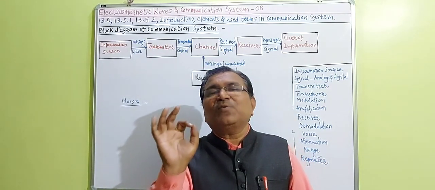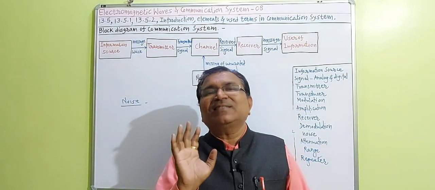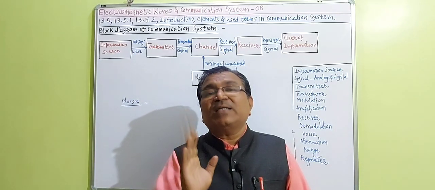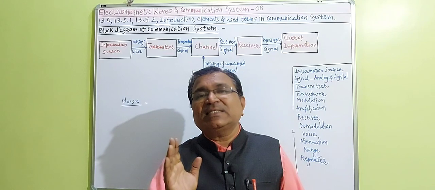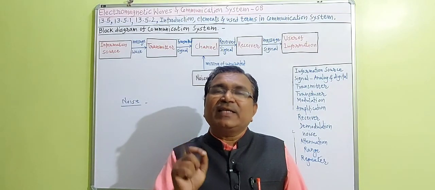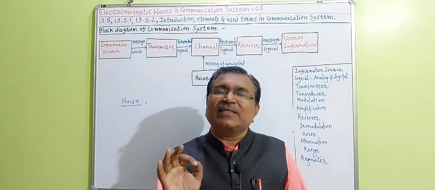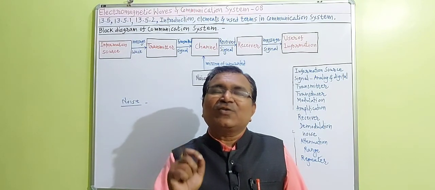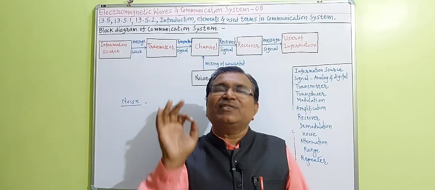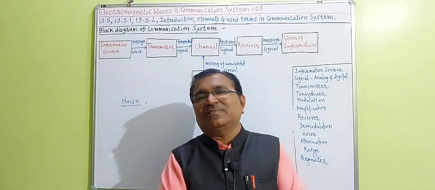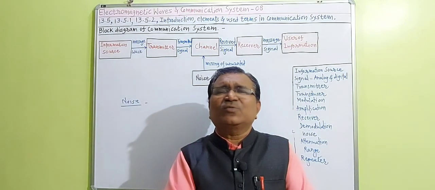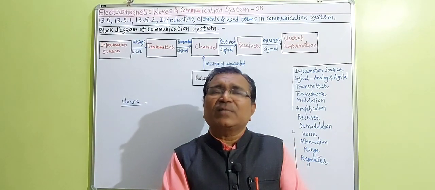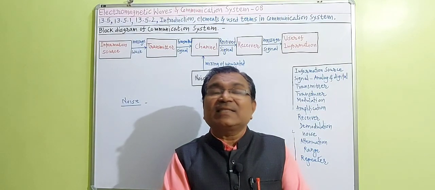That maximum possible distance is called the range of the communication system. I will not write the definition on the board because the video keeps getting longer. That is range.